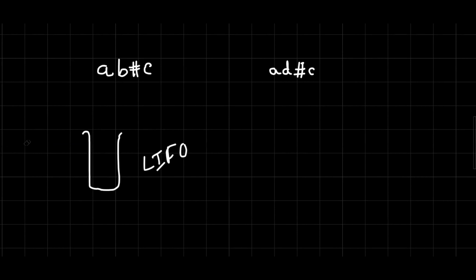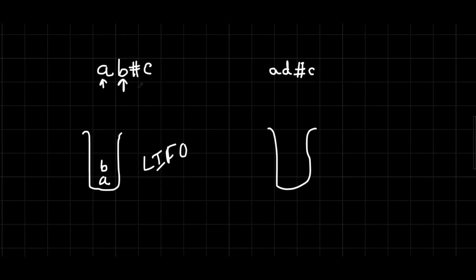Now let's see how we can solve this problem by using two stacks. We are using one stack for string 1 and another stack for string 2. Suppose currently our element is A, so we add A here. Now our current element is B, so we push B into the stack.